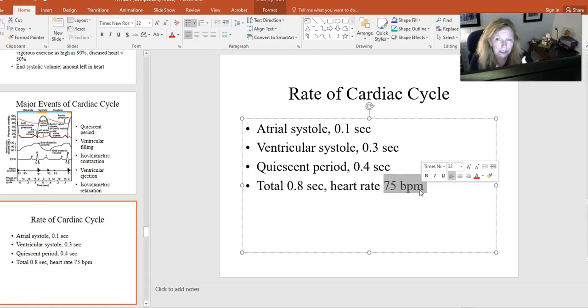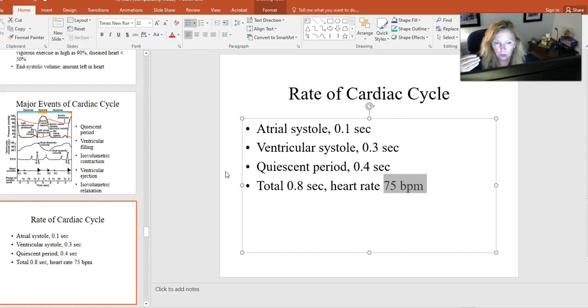If you're below 60 beats per minute, there's a term called bradycardia, meaning the heart rate's low. If it's over 100 beats per minute in someone at rest, then it's called tachycardia. And again, if those two things are observed, then they need to figure out why.